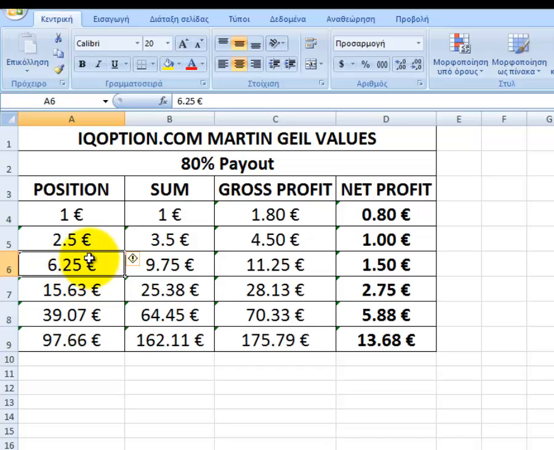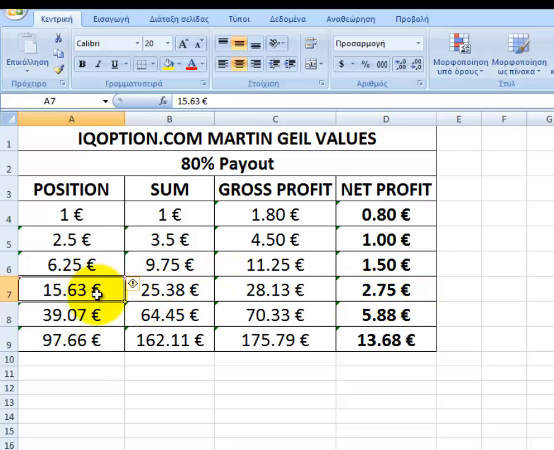If we lose the third position, then we will open a fourth position multiplying the 6.25 euro investment by 2.5 equals 15 euros 0.63. Let us assume that we win the fourth position. Then our overall investment is 25.38 euros and our gross profit is 28.13 euros, so our net profit is 2.75 euros.